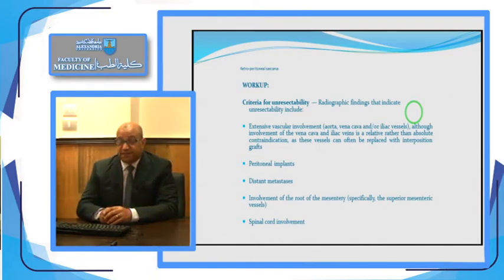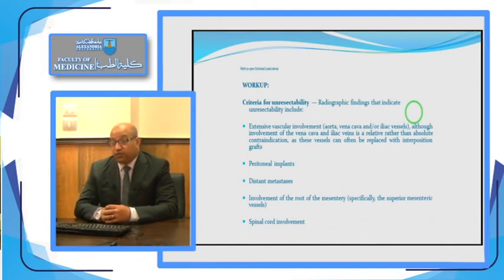The presence of distant metastasis, either liver deposits or lung deposits by CT. Involvement of the root of the mesentery: if the root of the mesentery is involved, the superior mesenteric vessels, mainly the artery, will be involved, and by dissecting these vessels, the intestine will be necrotic within a few minutes. So it is a character of unresectability.